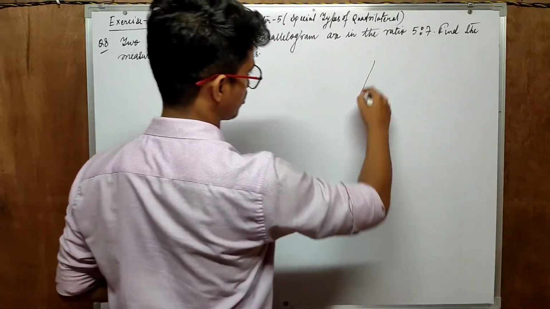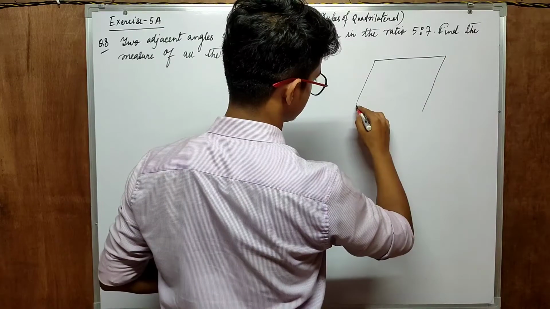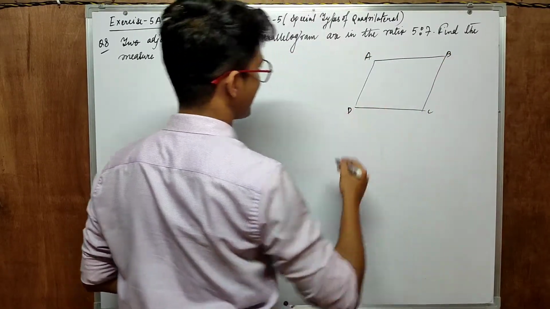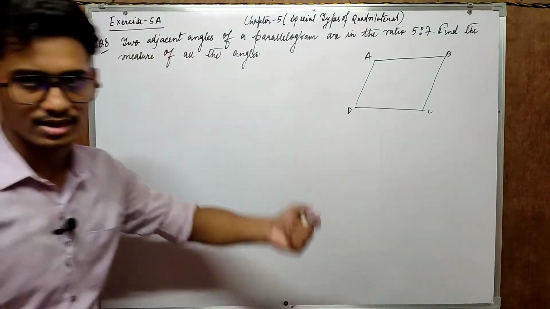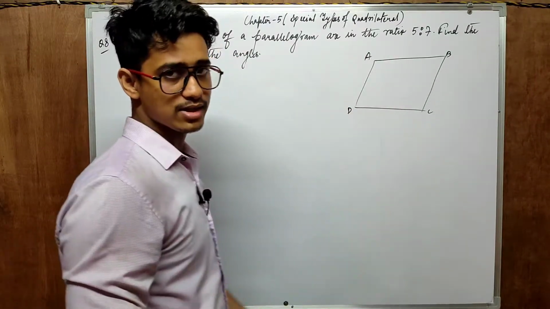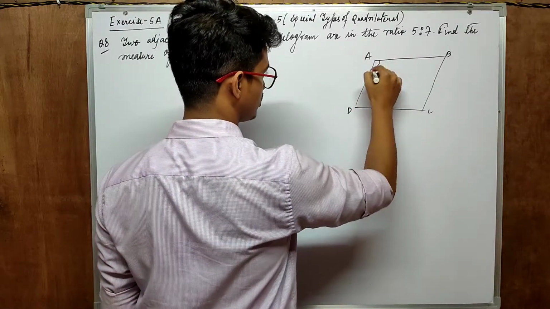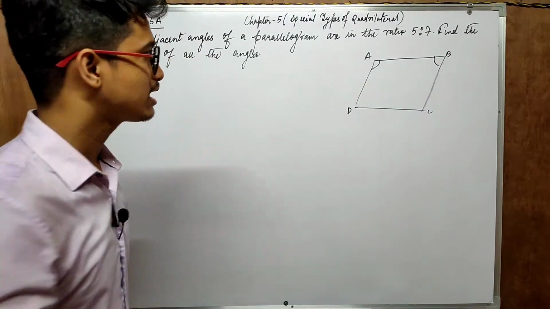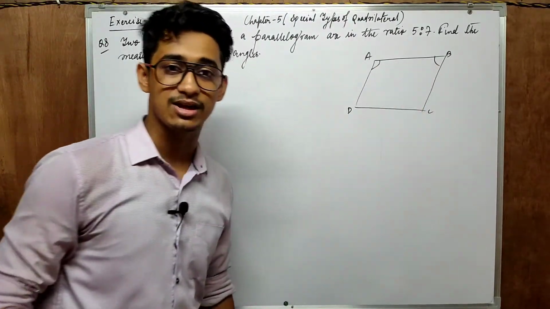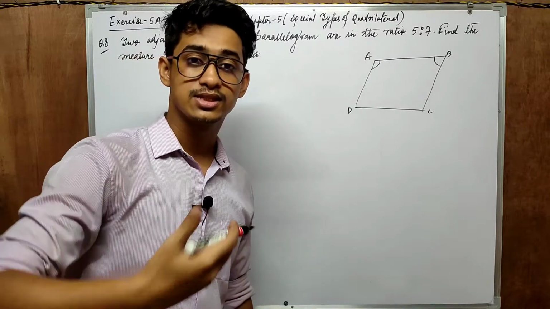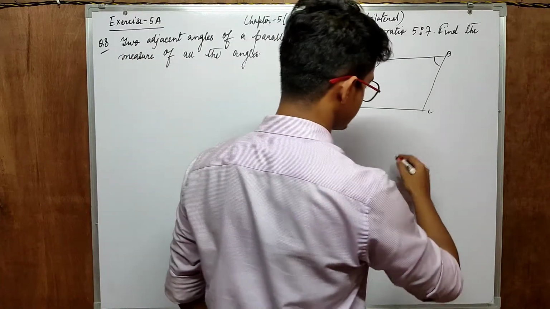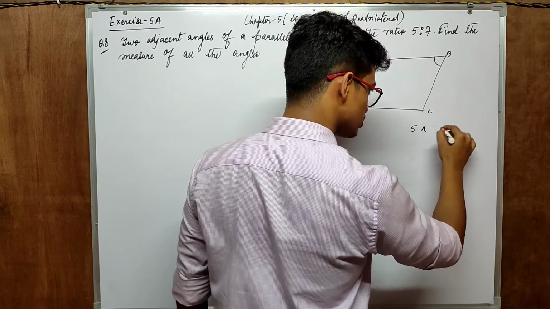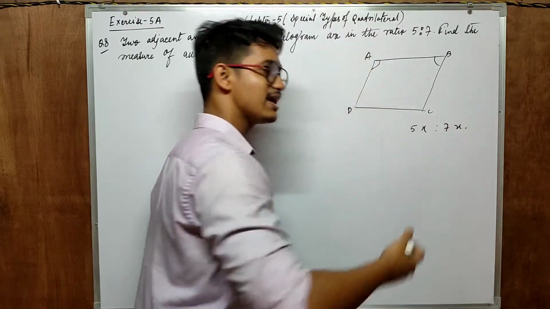So again, one parallelogram ABCD, and the two adjacent angles. Now we have understood what an adjacent angle is. These two angles are in the ratio 5:7. We cannot write 5 and 7 directly, because that is a comparison, so it is 5x is to 7x.